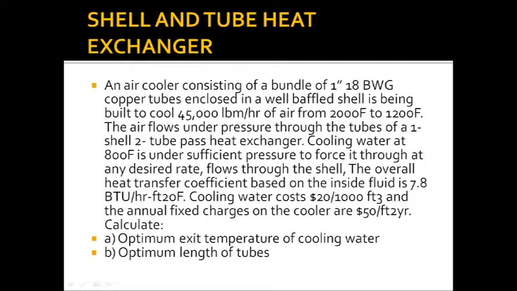The overall heat transfer coefficient based on the inside fluid is 7.8 BTU per hour square foot per degrees Fahrenheit. Cooling water costs $20 per 1,000 cubic foot, and the annual fixed charges on the cooler are $50 per square foot per year. Calculate the optimum exit temperature of cooling water and the optimum length of tubes.